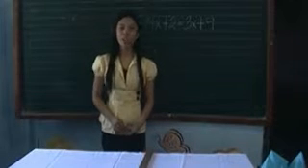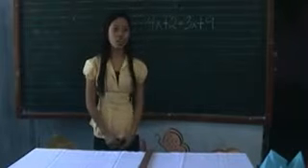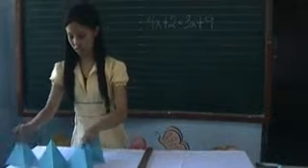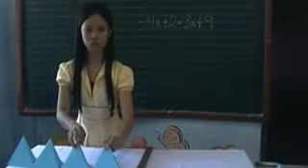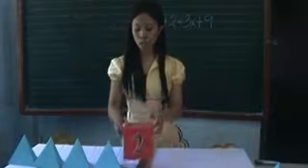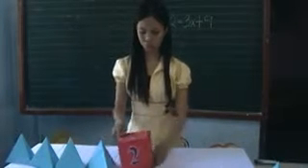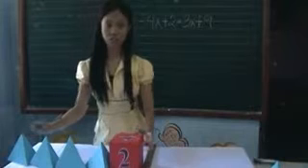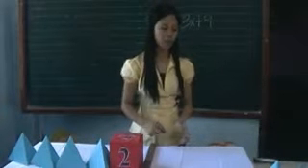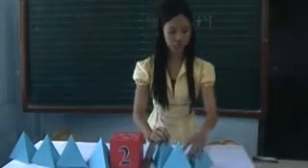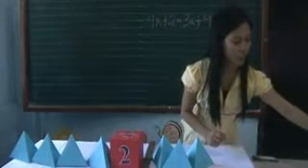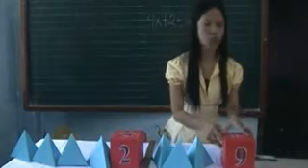Again, by representation, on the left side of the equation, four blue pyramids for 4x and a red cube numbered 2 for constant 2. On the right side of the equation, 3 blue pyramids represent 3x, and 1 red cube numbered 9 for the constant 9.